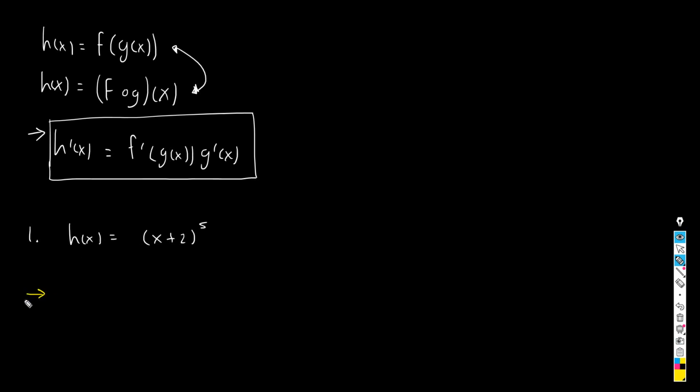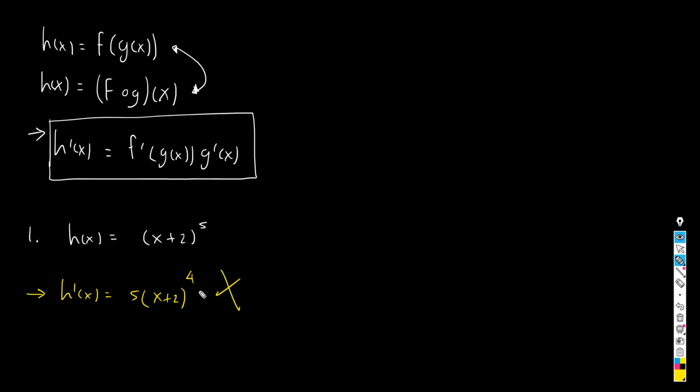They're going to say, okay, then the derivative of h is going to be equal to 5, like we drop down the exponent times the binomial, and then we subtract 1 from the exponent. And many people are going to believe that they're done.